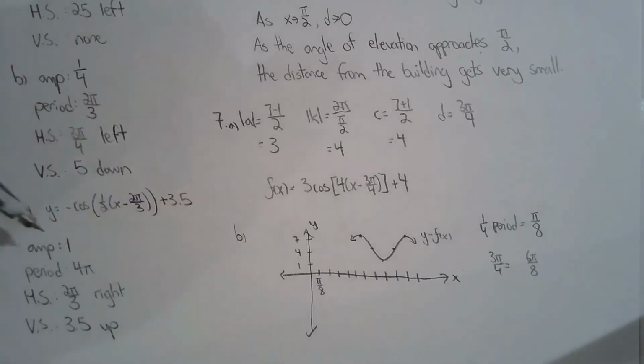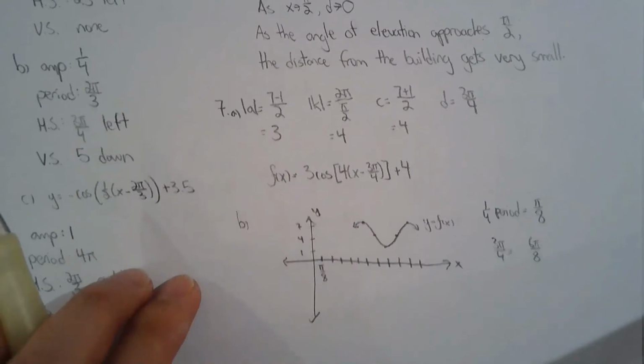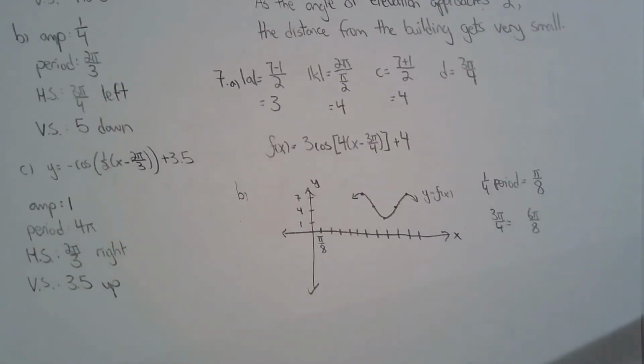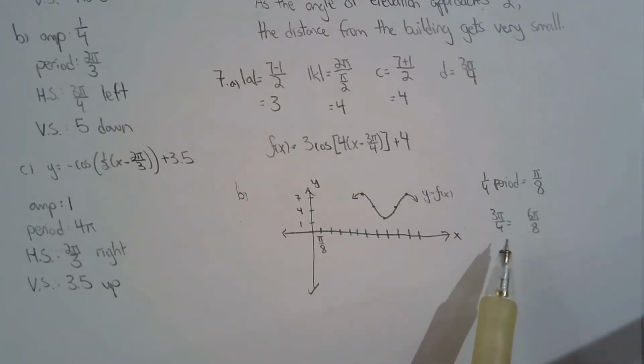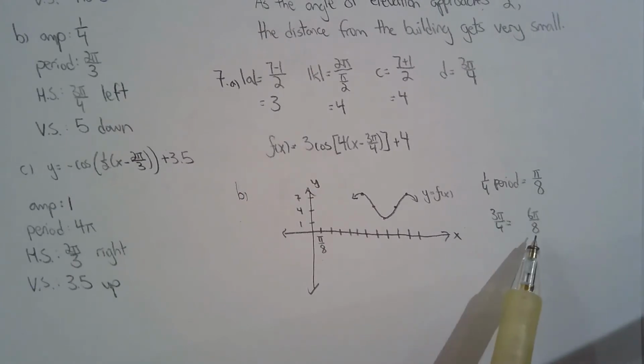For b, they just want us to graph. I didn't have my graph paper with me, so I just gave a nice little sketch. I even gave the scaling for the x-axis. If the horizontal shift is 3 pi over 4 and a quarter period is pi over 8, I change it to a common denominator of 8.